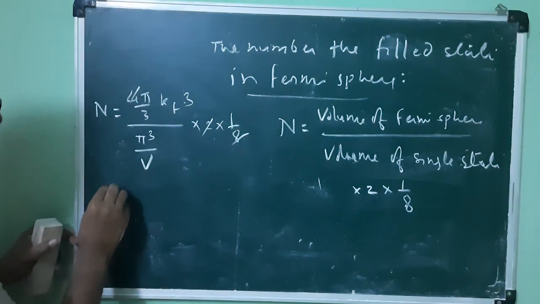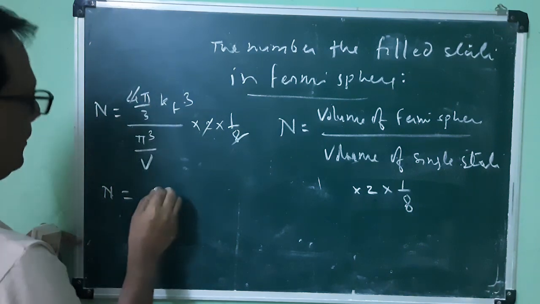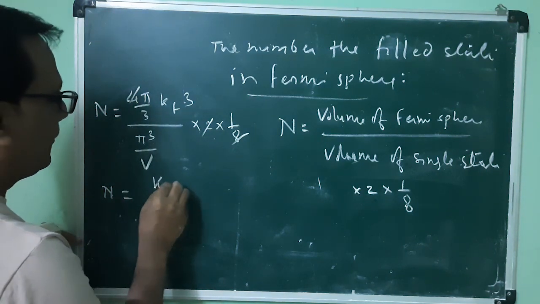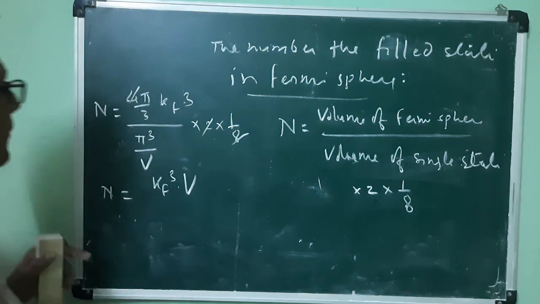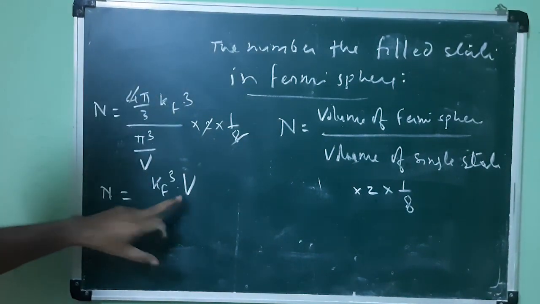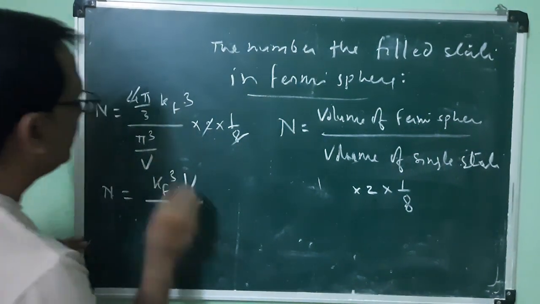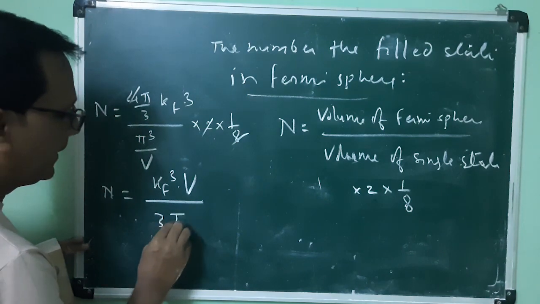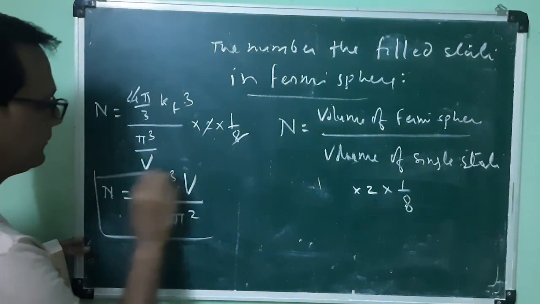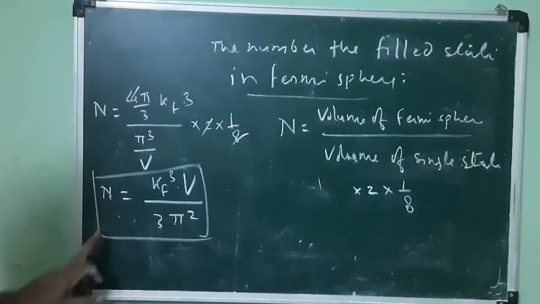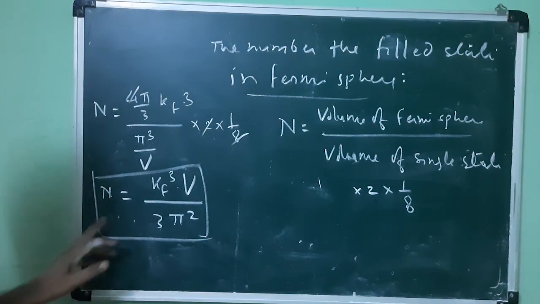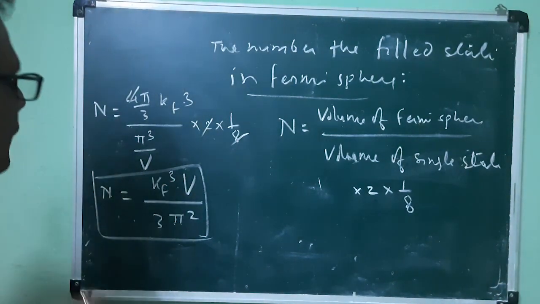So n is equal to kF cube multiplied by V upon 3π square. So this is n, the total number of filled states in that Fermi sphere.